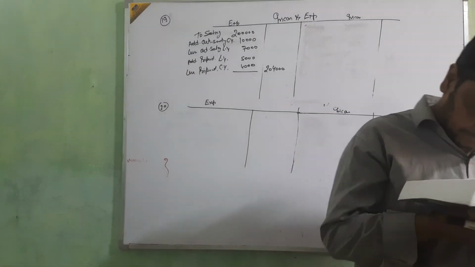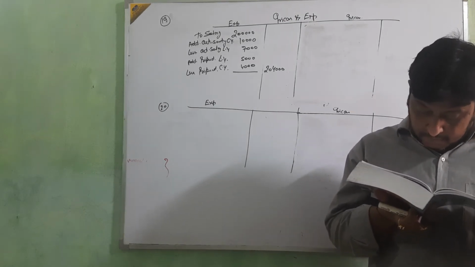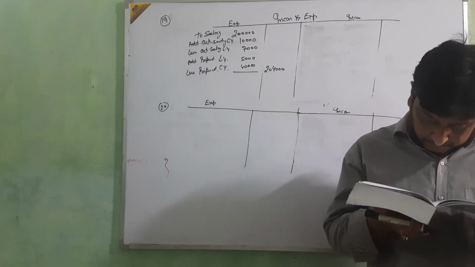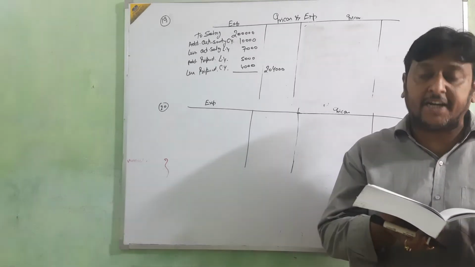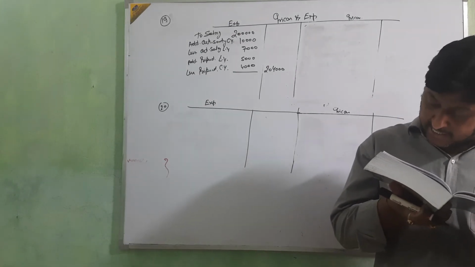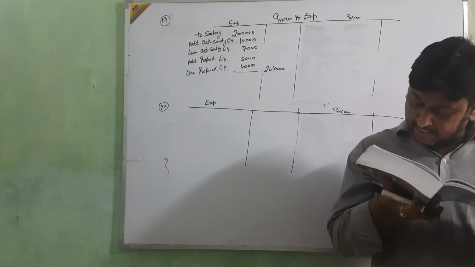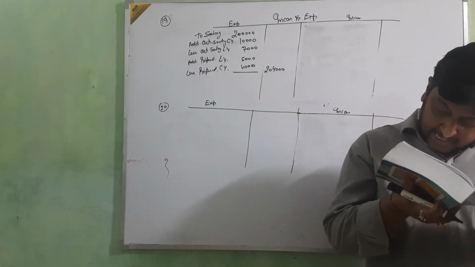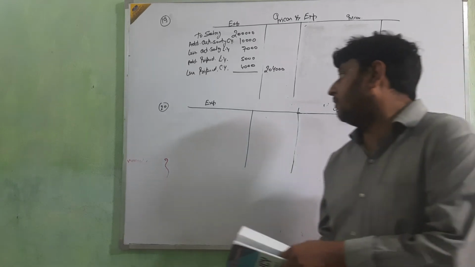The question is 2021, paid for the salary 40,000, and then outstanding salary for 20, it means last year 3,000, outstanding salary for 21, it means current year 4,500, then prepaid salary for last year 1,800, prepaid salary for current year 1,400. Okay, just see how we are going to present.